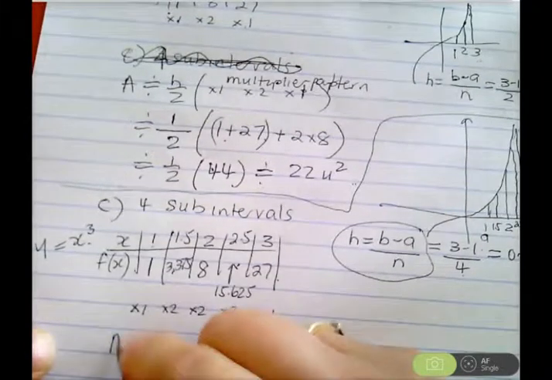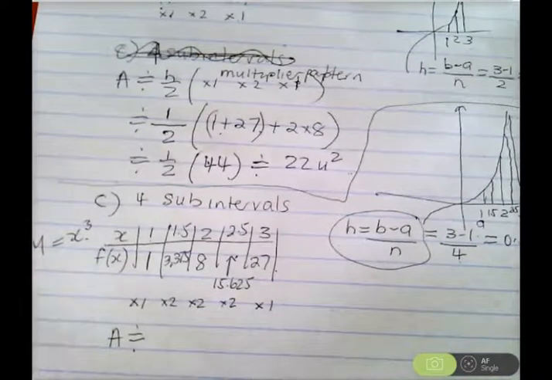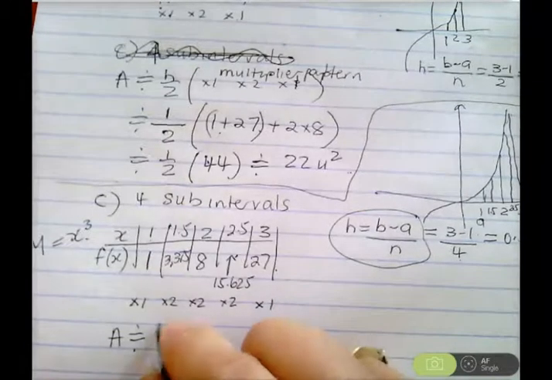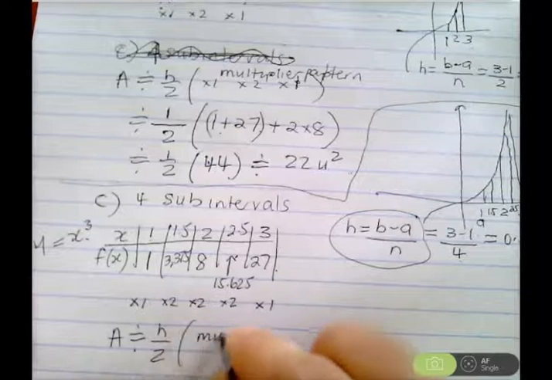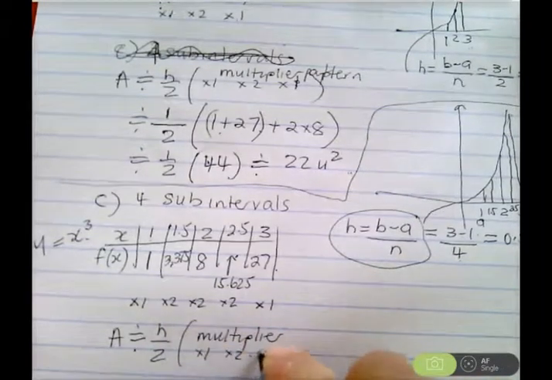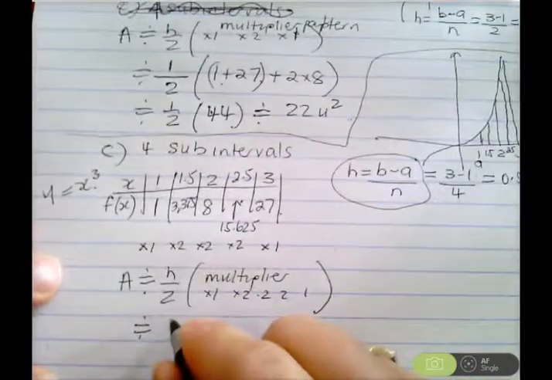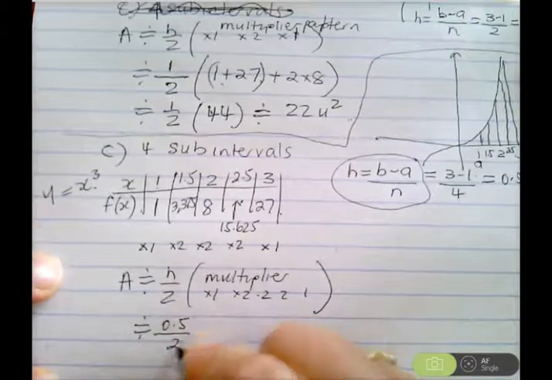So therefore, the area is approximately equal to h on 2 times your multiplier pattern of 1, 2, 2, etc., 1. So what's your h? A half, on 2.